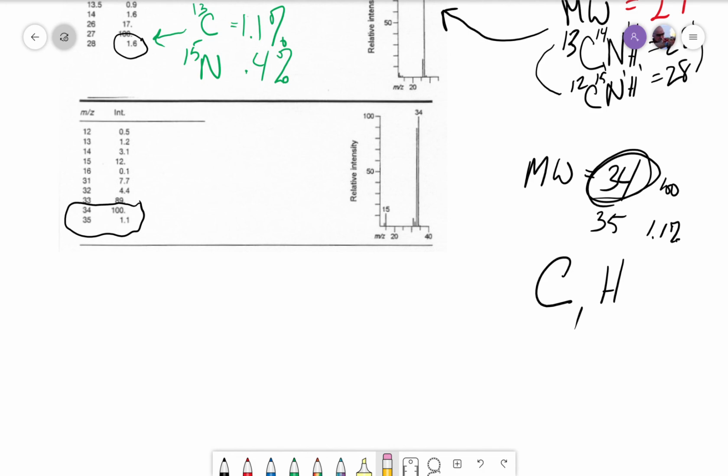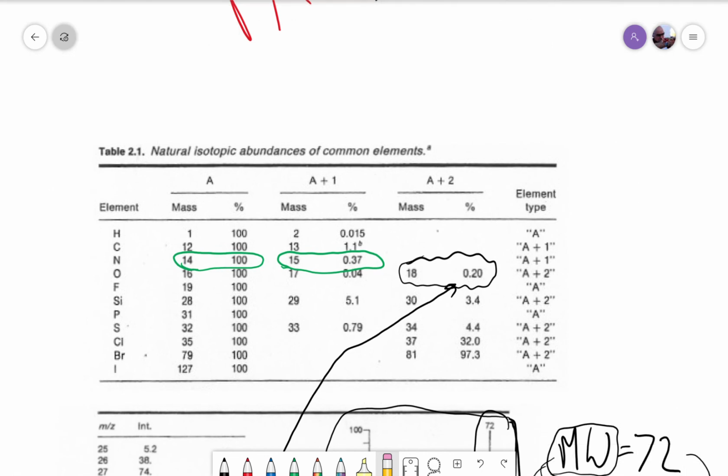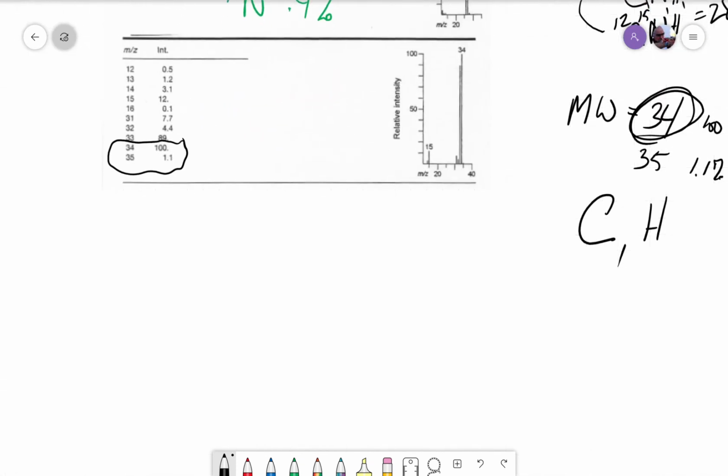So what other elements could be in there? Clearly, there's not a nitrogen and there's not an oxygen because I don't see an A+2 peak. I don't see any of these isotopes. I only see the carbon-13 isotope. But some of these elements are A-type only elements, meaning they don't have naturally occurring isotopes. One of them is fluorine. Fluorine shows up at a mass of 19 with no other isotopic labels occurring.